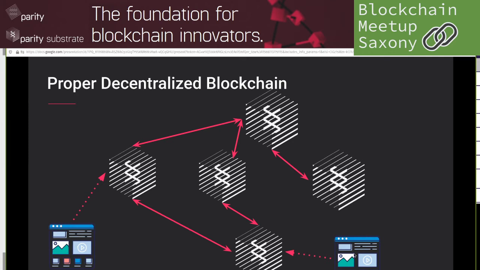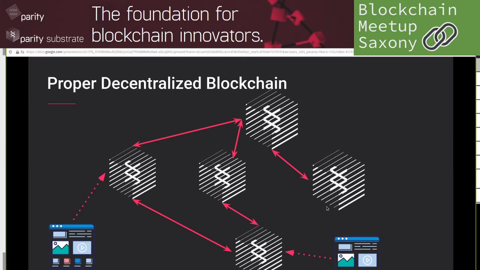Maybe this one's still connected to my node, but this one over here is connected to some different node. And then this beautiful thing happens: maybe the owner of this node decides they want to be evil and kill their node. No problem. The network still exists, and whatever user this was can just connect to a different node, and they still have their tokens, and everything is still working just great.